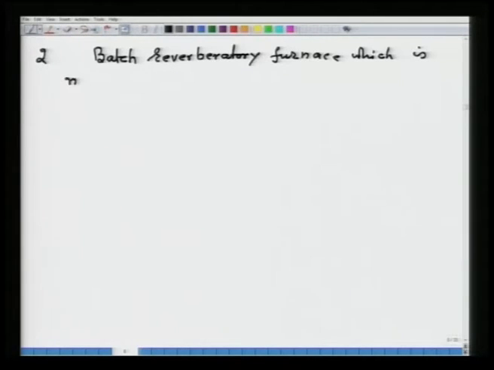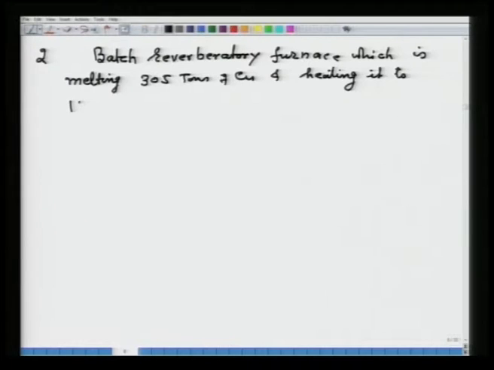Let us consider a batch reverberatory furnace which is melting, now mind you, which is melting 305 tons of copper and heating it to 1327 degrees Celsius.